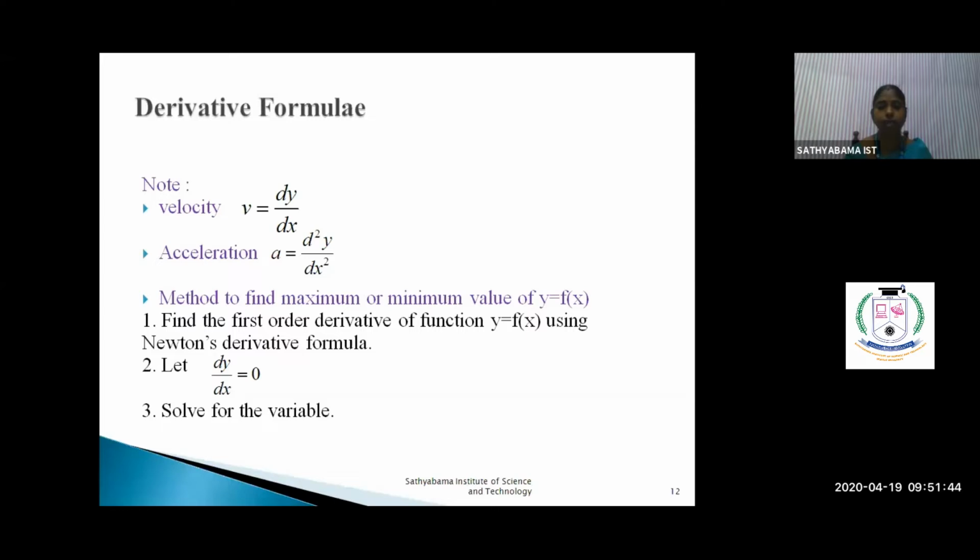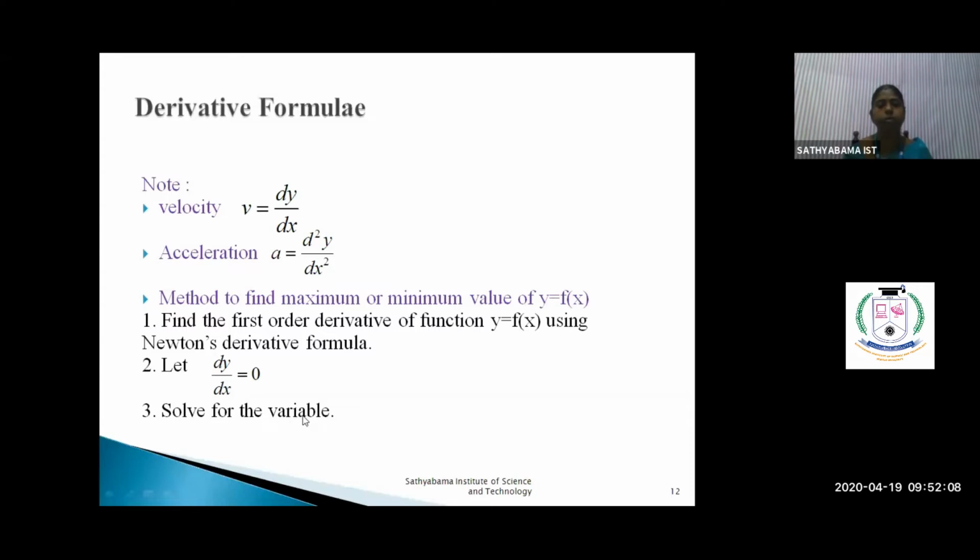And we use the forward and backward difference formulas for derivatives. So first you should find the first order derivative dy by dx, whether by backward or forward. It depends on the value of x. Is it clear? Second step, you equate that dy by dx to 0 and then solve for the variable.